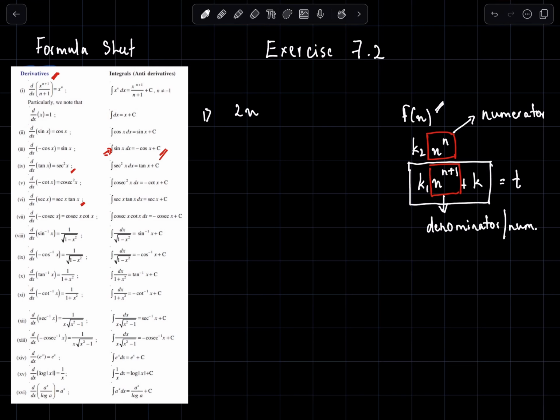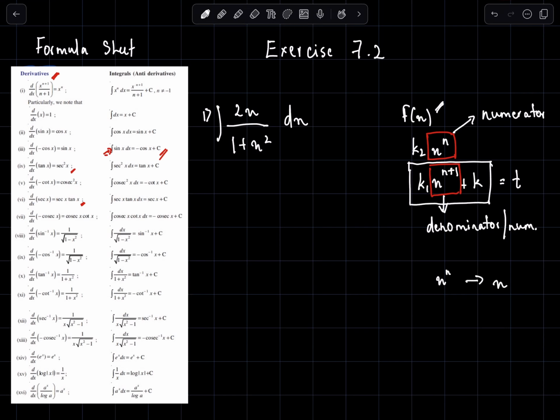Okay, so let's start with this. 2x divided by 1 plus x squared. Let's find the integral of this. Now this looks like the exponential power, right? So what is your x to the power n over here? Your x to the power n is x.